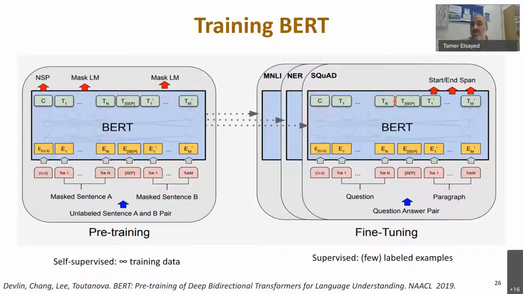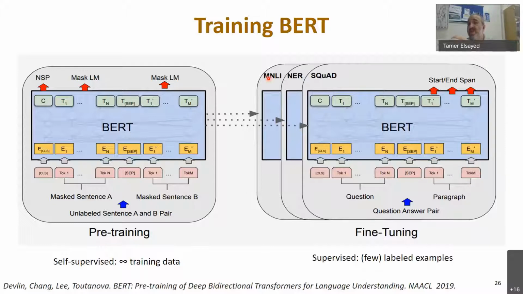One model can be fine-tuned for question answering, one for named entity recognition, natural language inference or understanding. So for different tasks, each one now has some labeled data. So this is actually the supervised learning step.